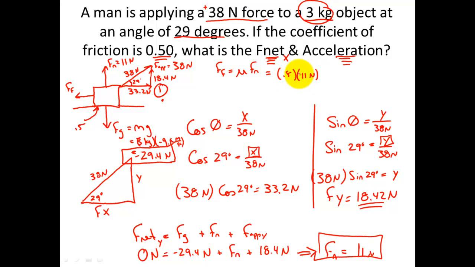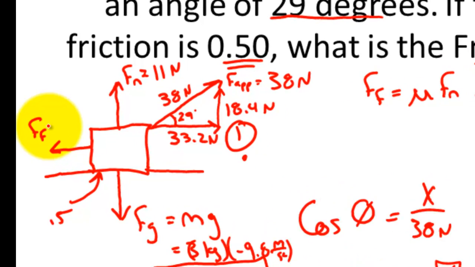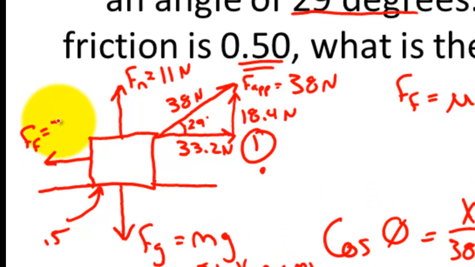And so 0.5 times 11 newtons will give me a force of friction that is equal to 5.5 newtons. Now this is going to be a leftward force, so we're going to identify it as a negative 5.5 newtons. So here we have the force of friction equal to negative 5.5 newtons.